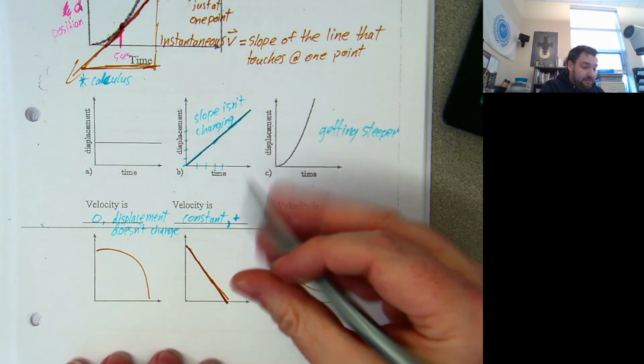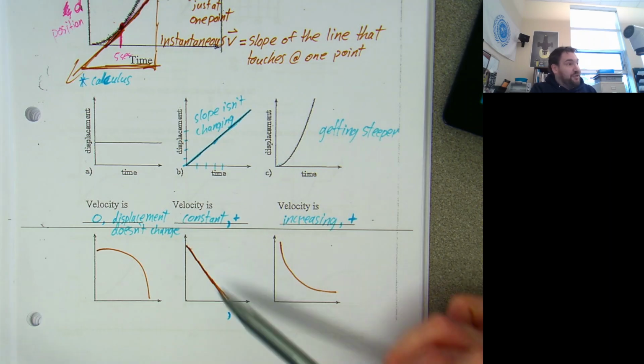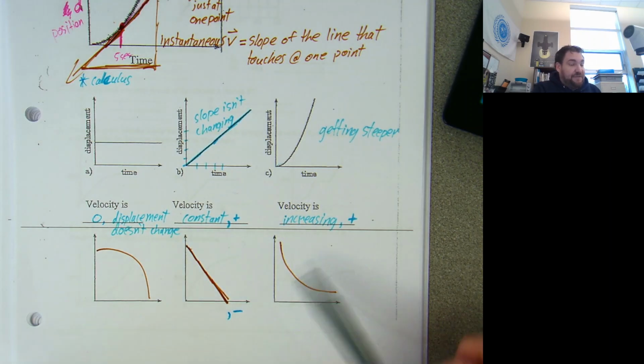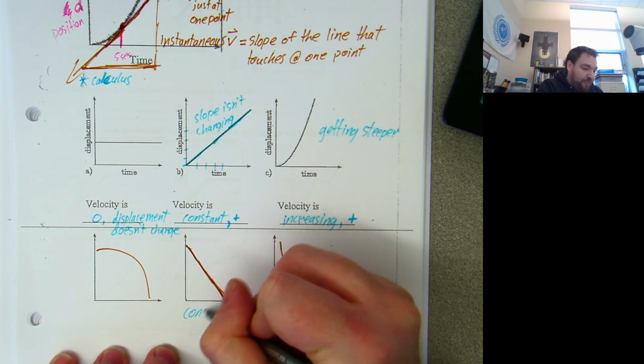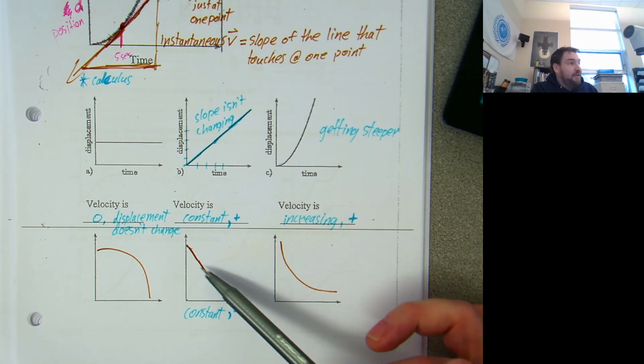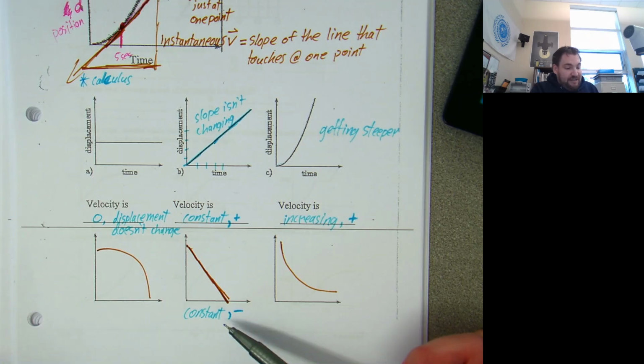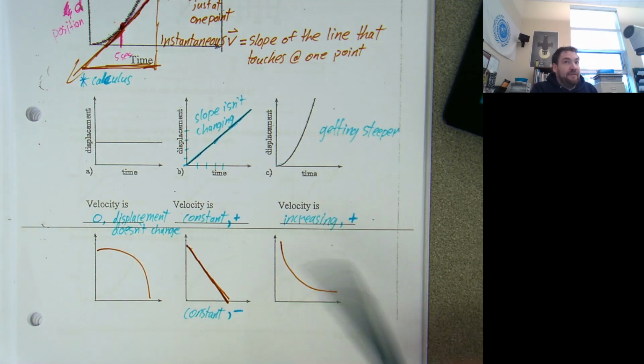It's negative. The line is moving down to the right. So that's a negative slope. What else can you tell me about the slope? Is the slope changing? No, Caitlin, it's not. You are right. So that is a constant slope, which means this kind of line on a position time graph means the velocity is constant and it's negative.